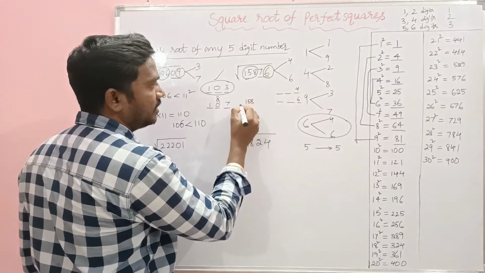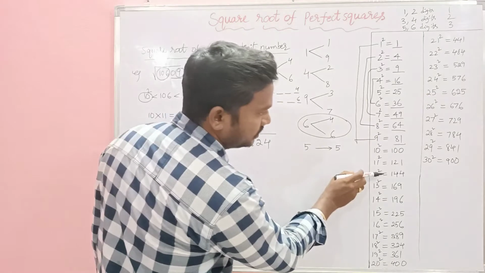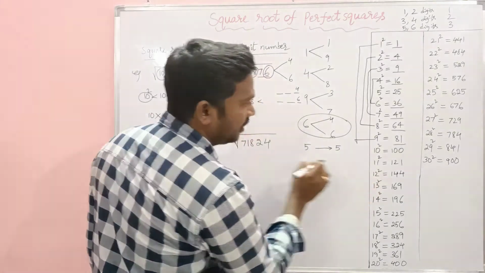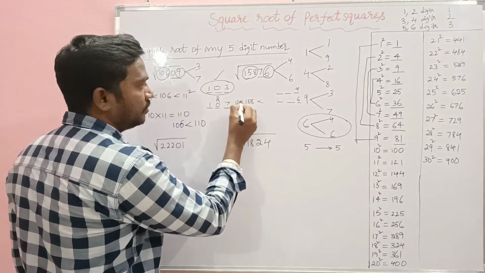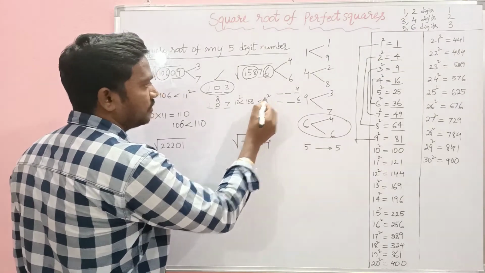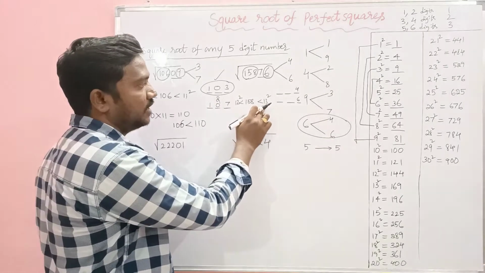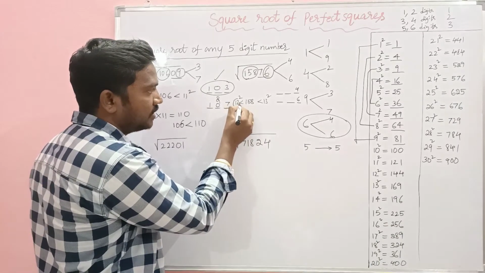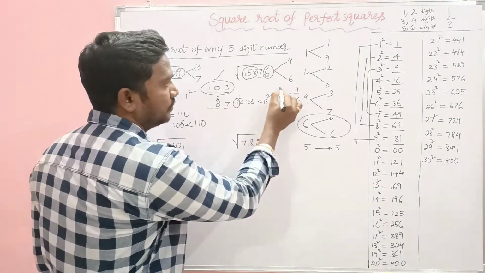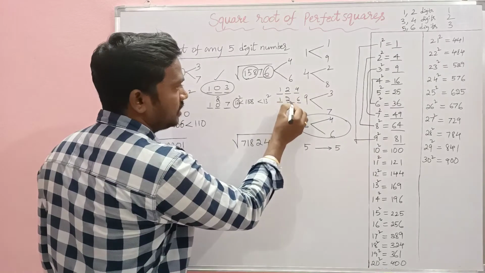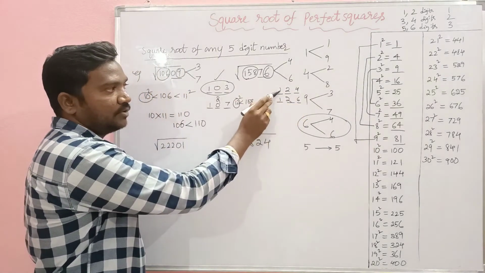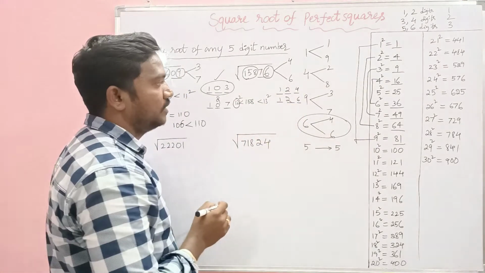This 158 lies between 144 and 169, so 12 square and 13 square. 12 square is 144, 13 square is 169. So here we have to take the smallest number, 12. So the answer is either 124 or 126.